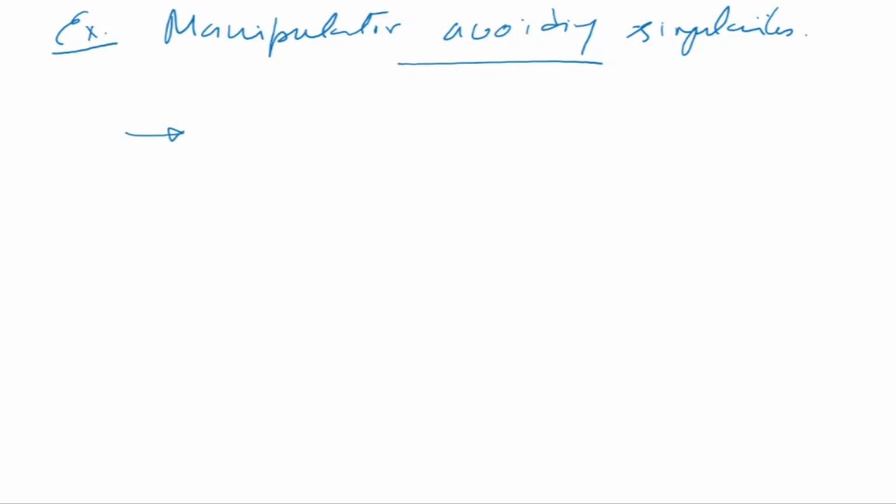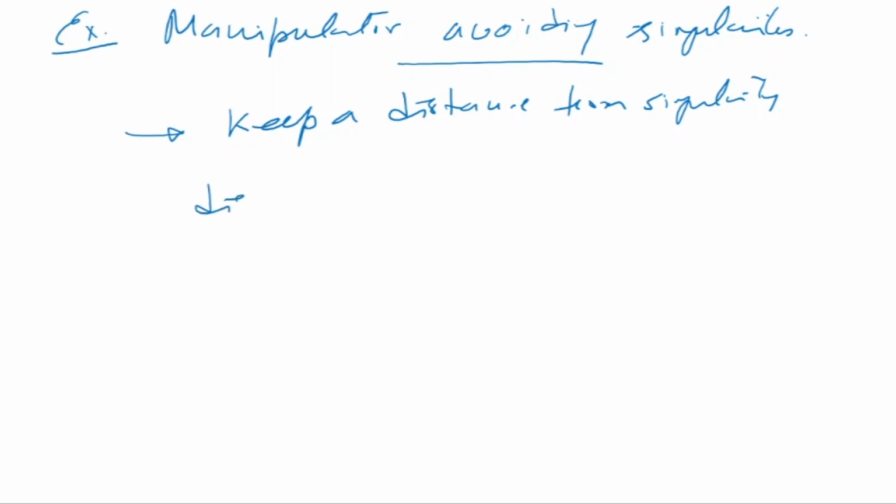It is keeping a distance from singularities, or keeping the farthest distance from singularity. Now we have seen that the distance metric, which is the distance from singularity, is equal to your manipulation ability.